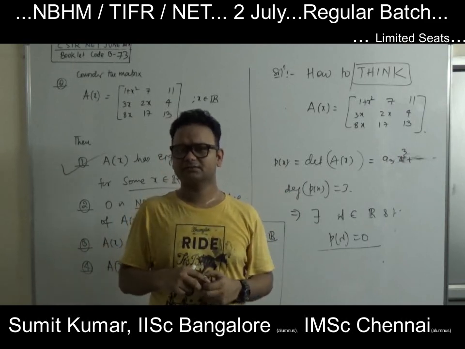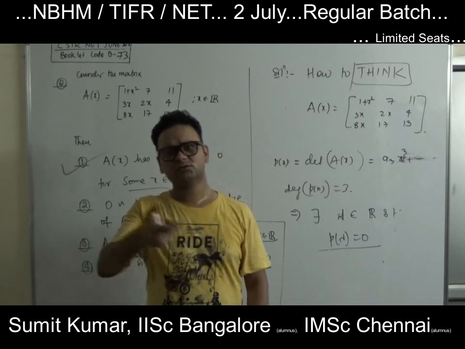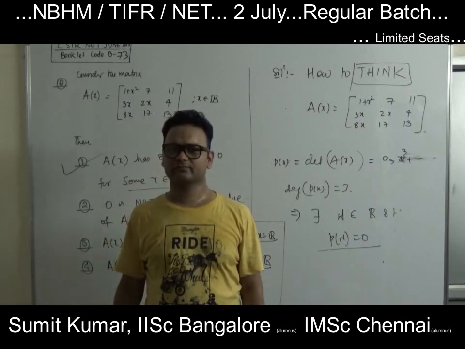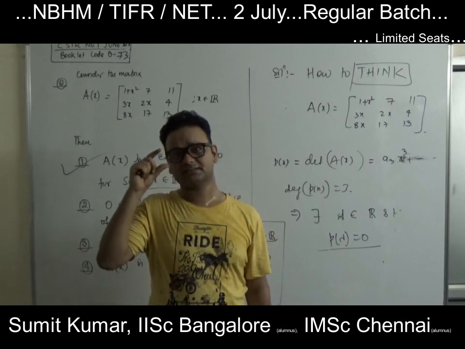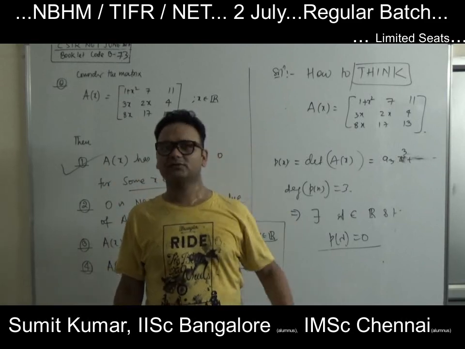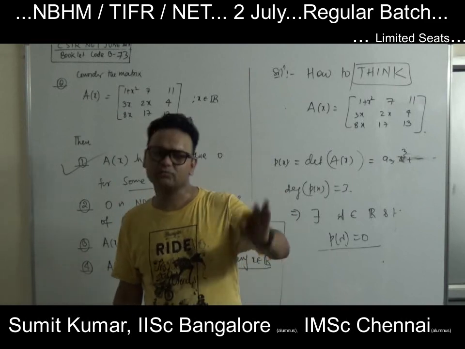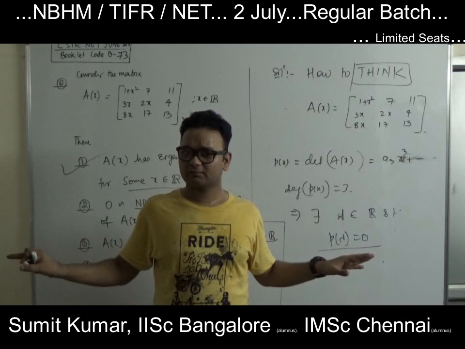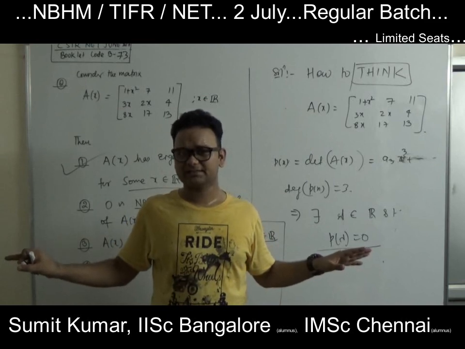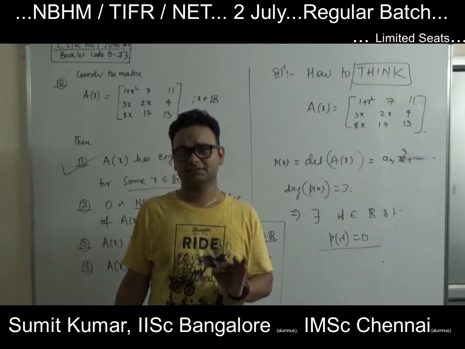Coefficients are from the reals. Yes, it will have either one real root or 3 real roots. If it has exactly one real root, that means there exists a unique real value. If I remove that real value, p(x) is not going to be 0 on R. Hence Ax is invertible.